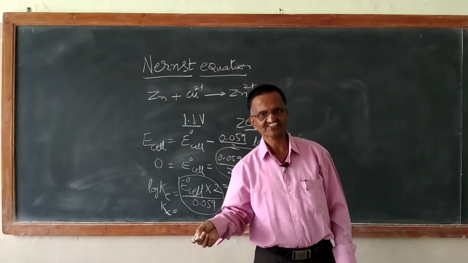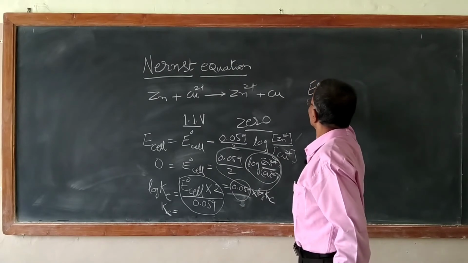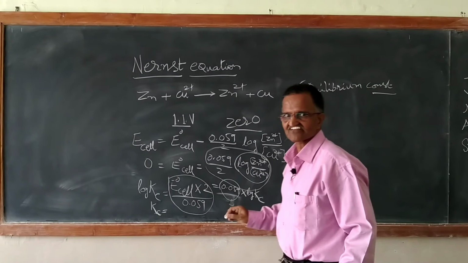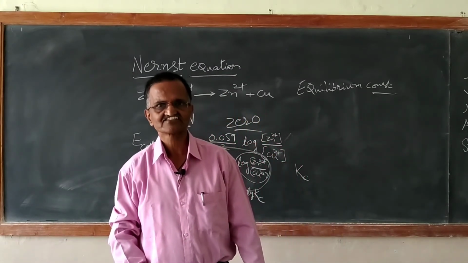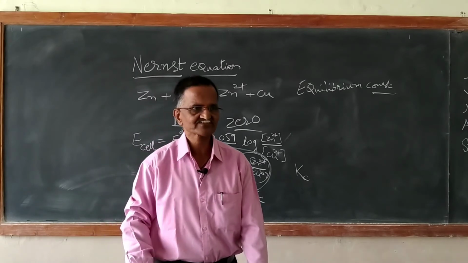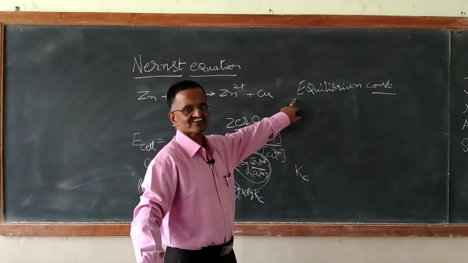So once you know the electromotive force of the cell, what is it that I am arriving at? The equilibrium constant. We only determined the EMF of the cell. From the EMF of the cell, we are going one more step ahead by using it to calculate the equilibrium constant of the cell.